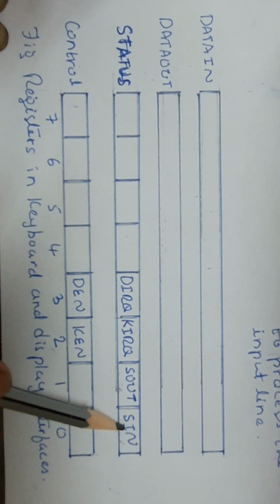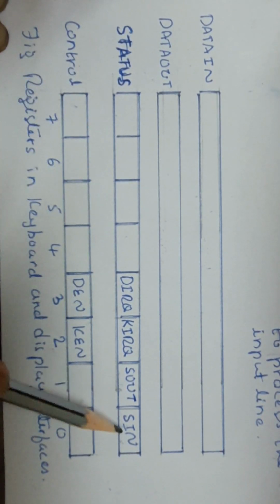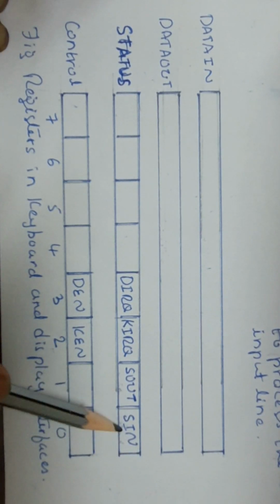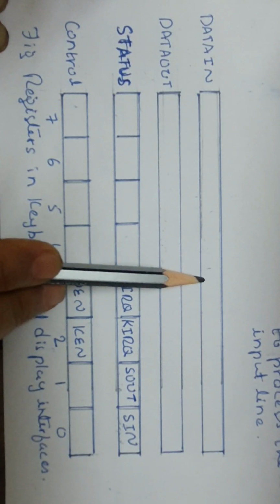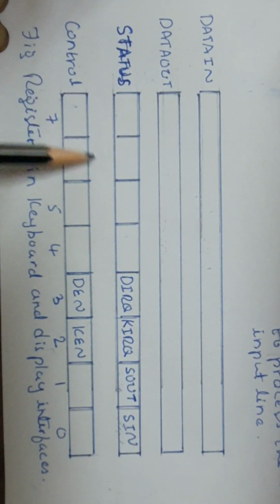So the processor goes on checking this bit for the read operation because input is given through keyboard. If this is 0, keyboard is not ready with the data. Till then the processor goes on checking this bit in the status register, that is called polling. Okay, when this becomes 1, the processor reads the data from this DATAIN register into its own register.